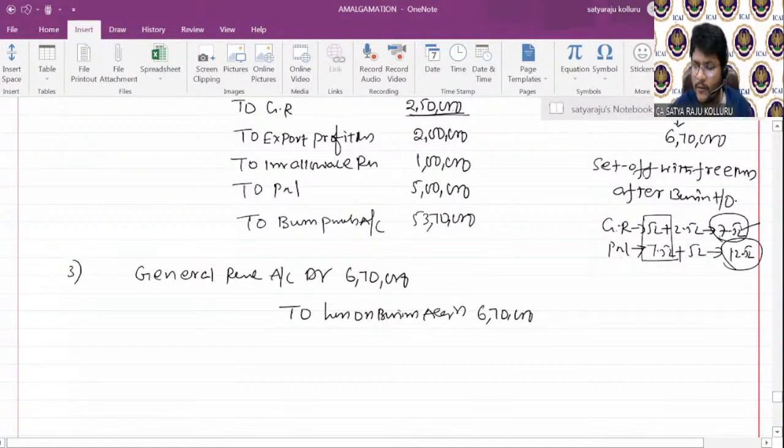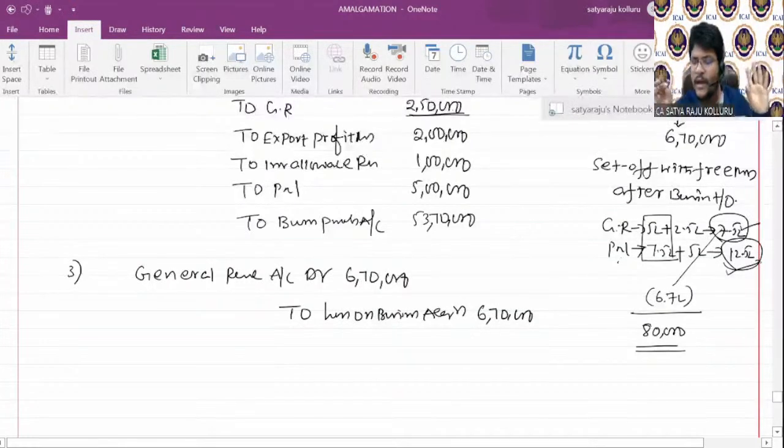If you reduce 6.7 lakhs from 7.5 lakh, how much will you get? 7.5 minus 6.7. Still 80,000 balance is there in the general reserve. Profit and loss account balance is 12.5 lakhs. We are not at all using any single rupee to set off the loss on business acquisition.